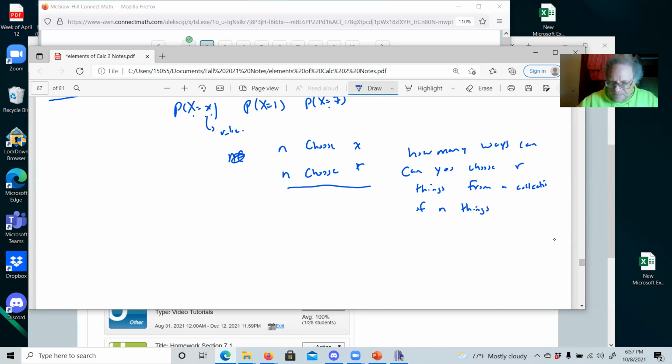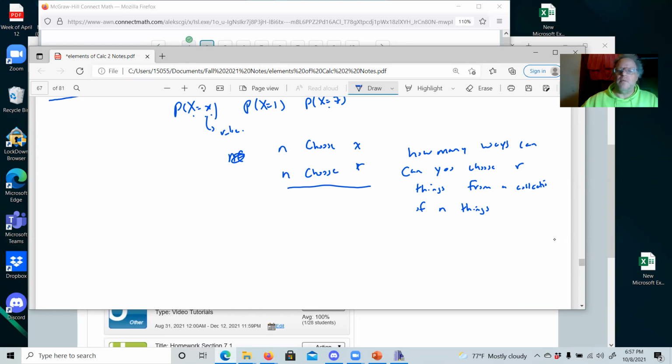Examples would be, I have 5 pieces of candy. How many ways are there for you to pick 3 of those pieces? I have 5 colors. How many ways are there to pick 2? We have 18 students in the class. How many ways are there to pick 4 people for a committee?